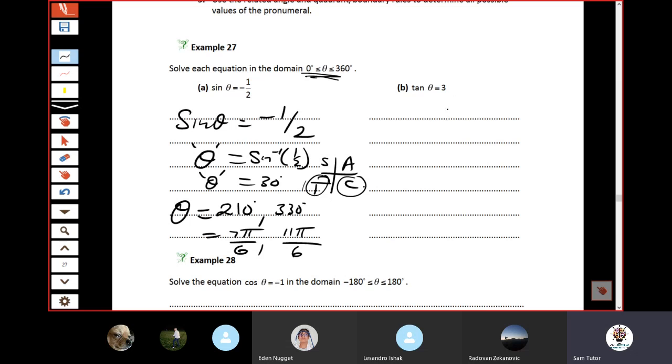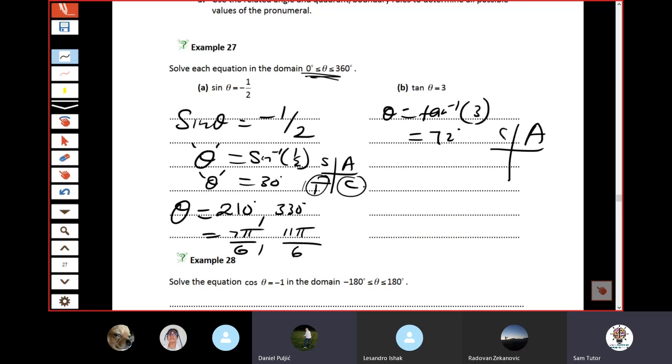Daniel, next one. Tan theta equals... you inverse tan? Yep, you're just going to straight inverse tan 3. And what does that become? 72 degrees. Yep. All stations to central. Since there's no negatives, this is all stations to central. Where is tan positive? Is it A and C?